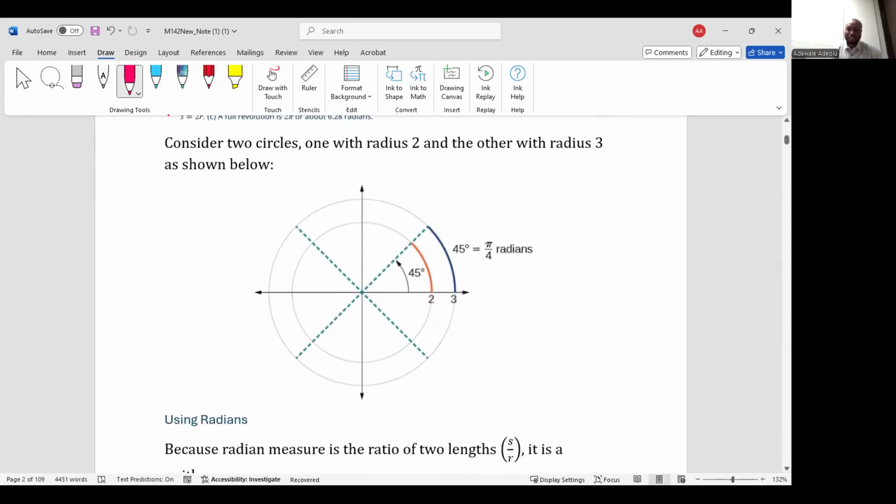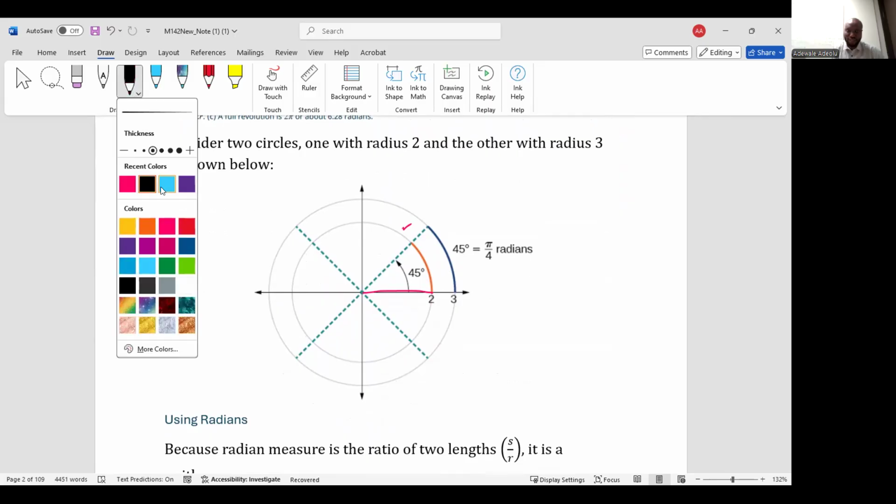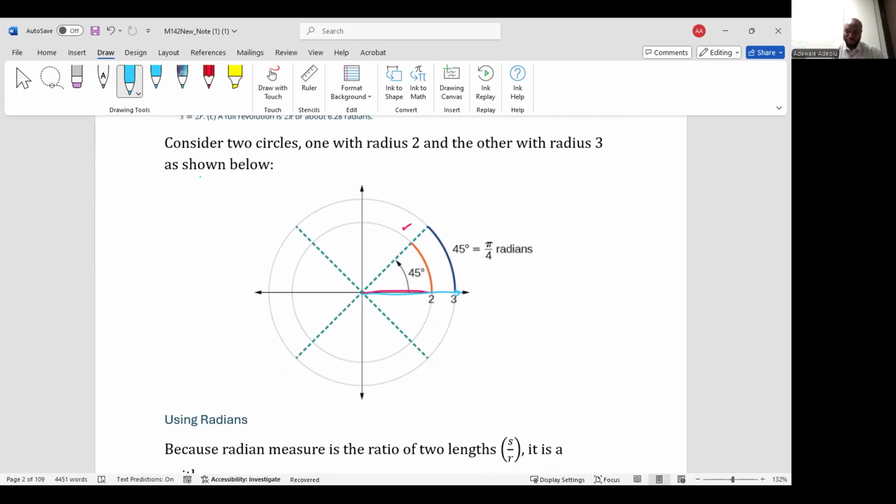So let us consider these 2 circles. We'll see that in this first circle the radius is 2, and in the other one the radius is 3.